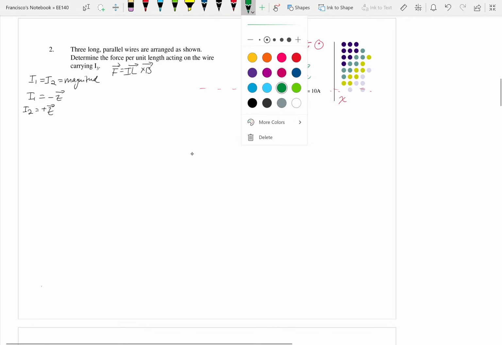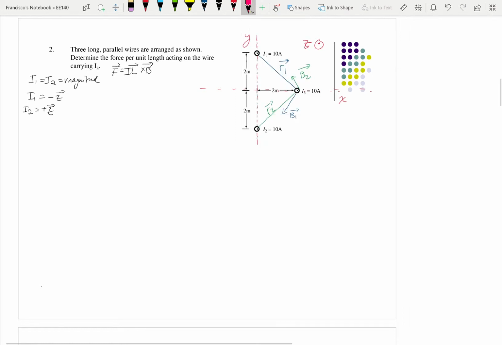Therefore, the resultant vector is going to go in the negative x direction. So let's call this Bx.